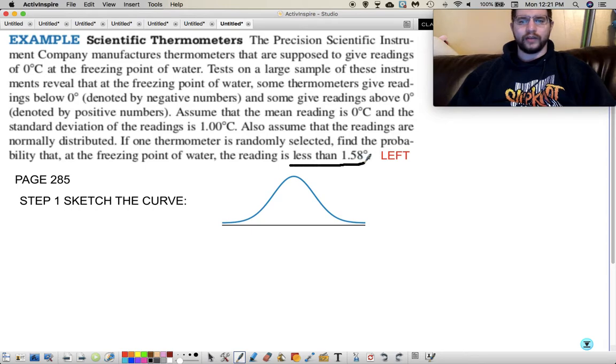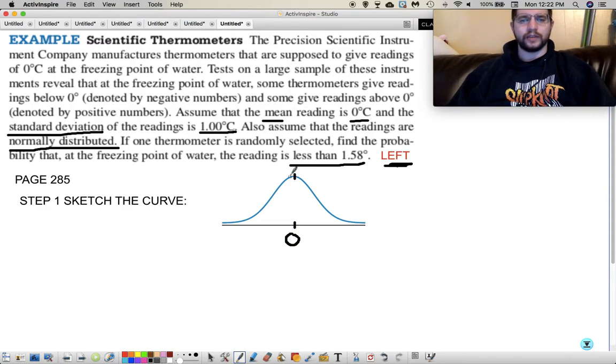Less than 1.58. That's telling us it's area to the left of the curve. Mean, 0 degrees Celsius. Standard deviation, 1 degree Celsius. So it's a standard normal distribution. Now, before you even try to do any work, sketch this thing. Remember, for a standard normal distribution, the mean is right here, it's 0.